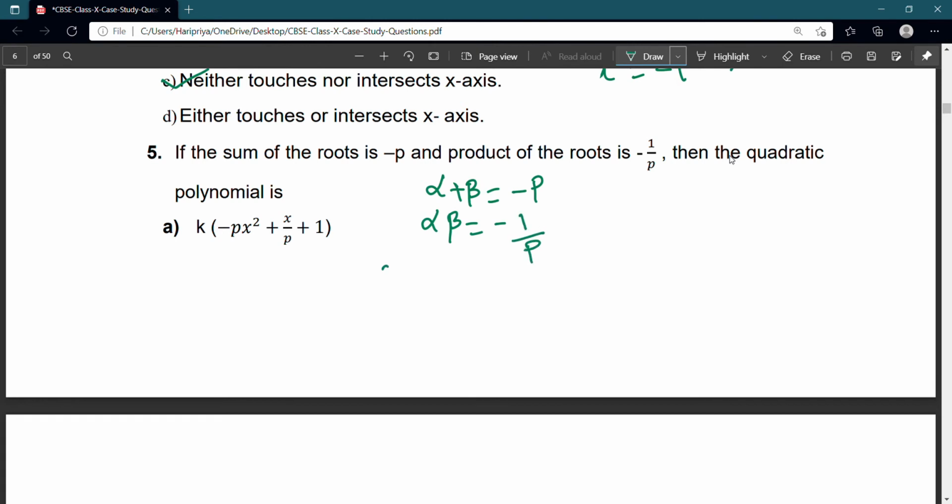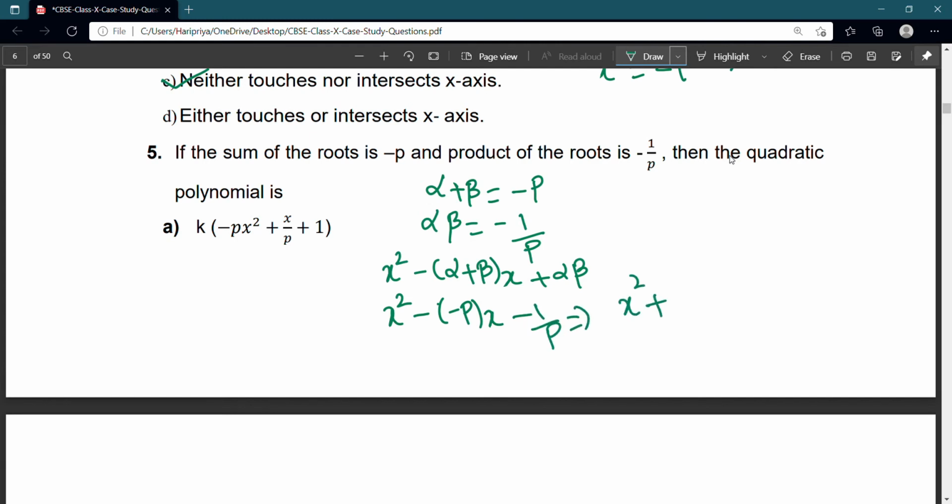So the general equation is x square minus (alpha plus beta) x plus alpha beta. So x square minus (minus p) x minus 1 by p. So that implies x square plus px minus 1 by p.